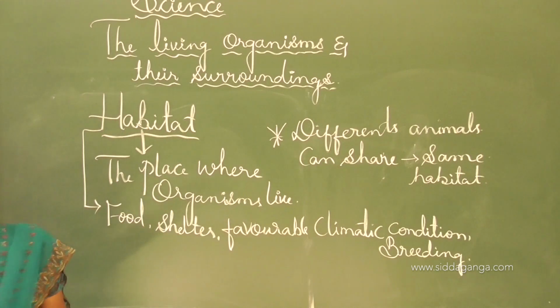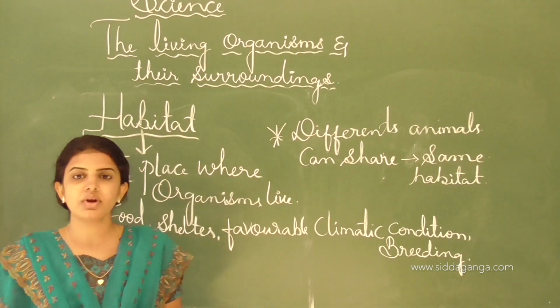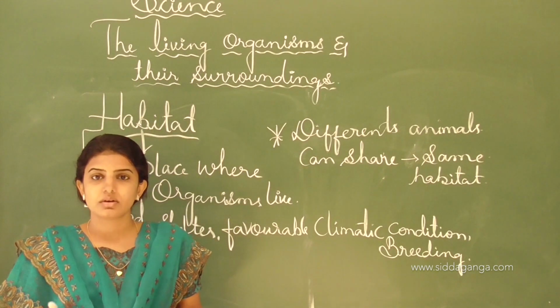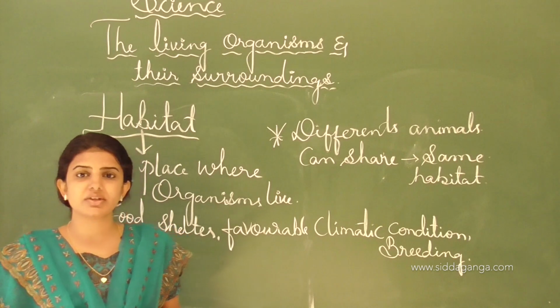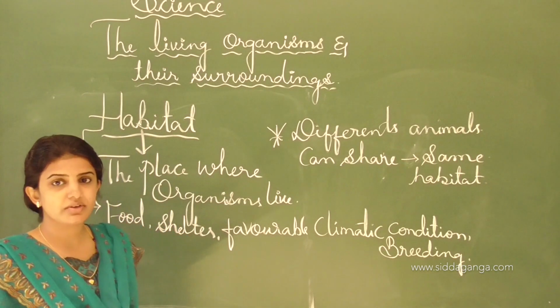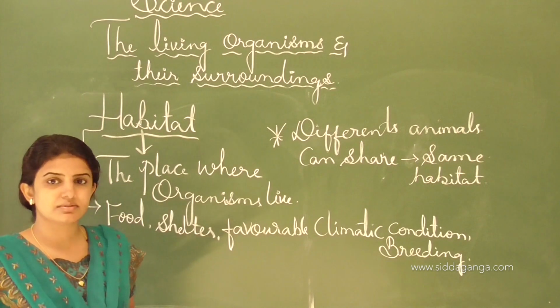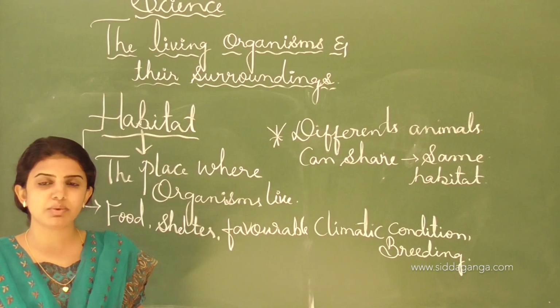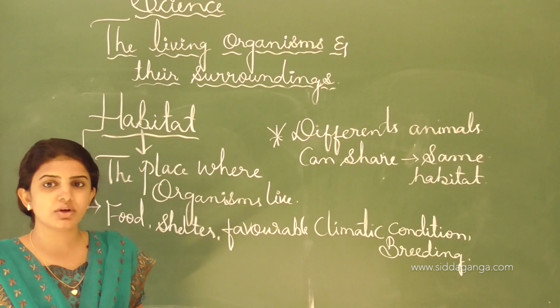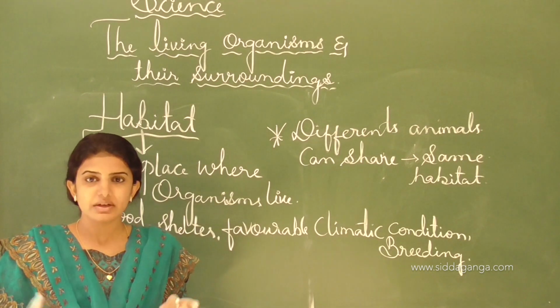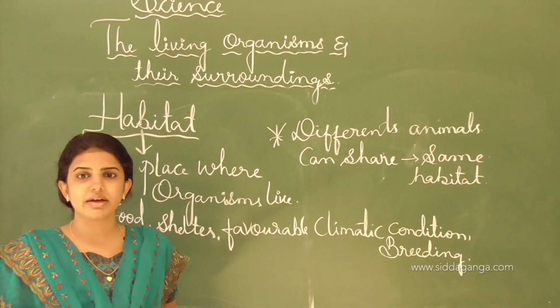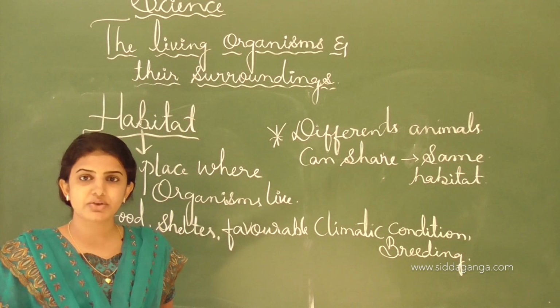And next, gills are useful to take in the oxygen present in dissolved form in the water. And next, flat fins and a tail are present which help the fish with body balance.